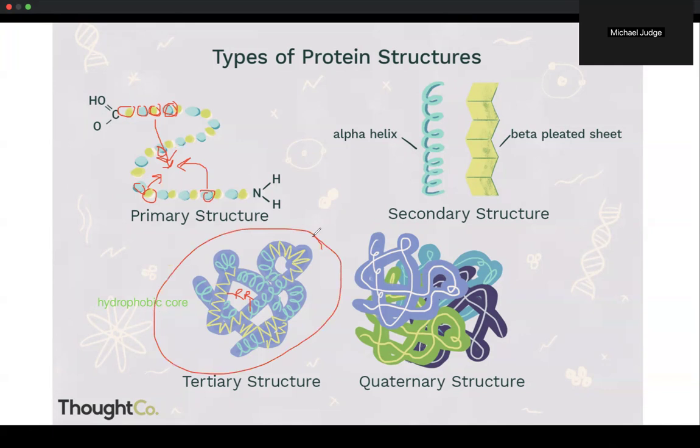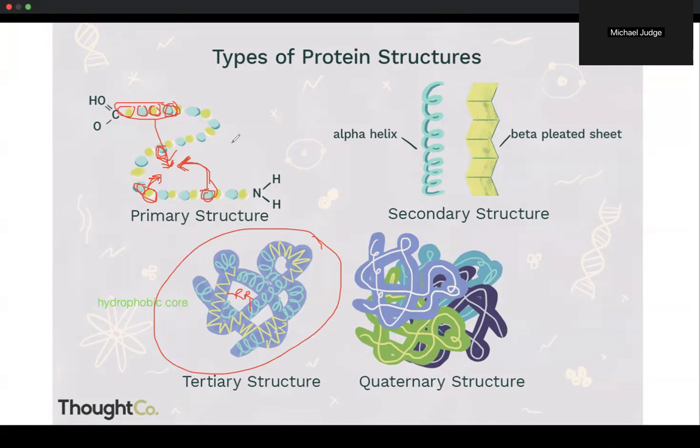And that shape may look like nonsense. It may look like a pile of spaghetti, but it's actually based on very specific rules, right? And so it's a very consistent shape. Whenever you have fat-soluble amino acids in these positions, it's going to fold in this way predictably in order to get them to the center. And so it's going to make a consistent shape, even if that shape looks kind of crazy.